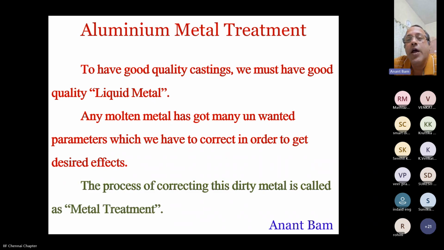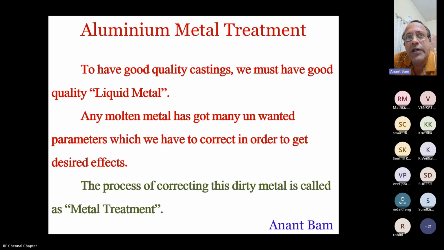Now from here, our real session starts. To have good quality castings, we must have good quality liquid metal. Any liquid metal has got many unwanted parameters in it. They get induced due to the process and the environment.